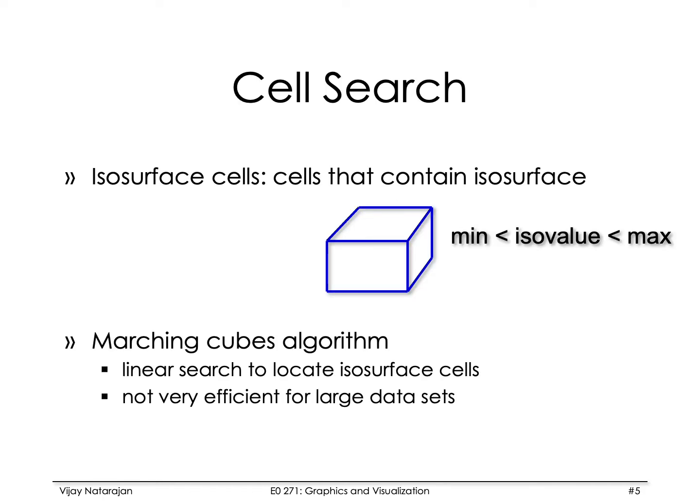So let's try to understand what cell search really means. So what is an isosurface cell? It is essentially the voxel or the three-dimensional cell that contains an isosurface.